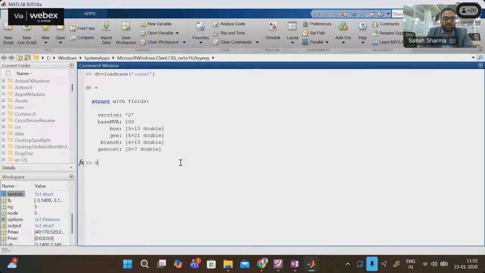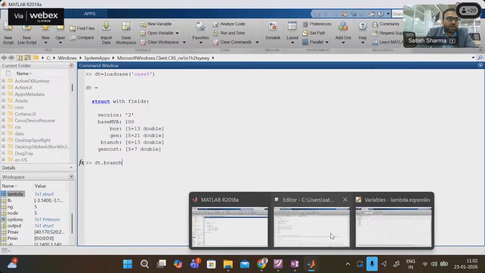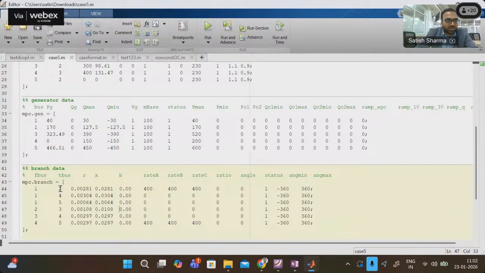This is the dt, and let me make the limits 0 because we have not given any line flow limits. But in this particular case 5, line flow limits are there. Those are at the branch level, and in branch, line flow limits are given between 1, 2, 3, 4, 5, 6, 7 and 8.